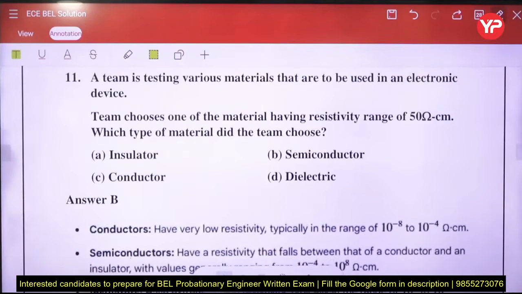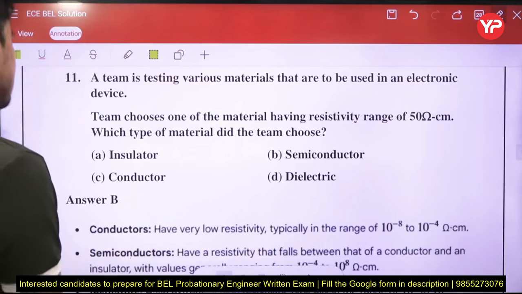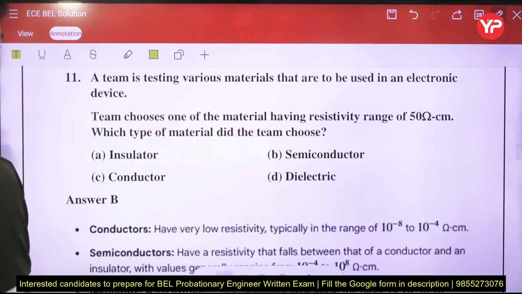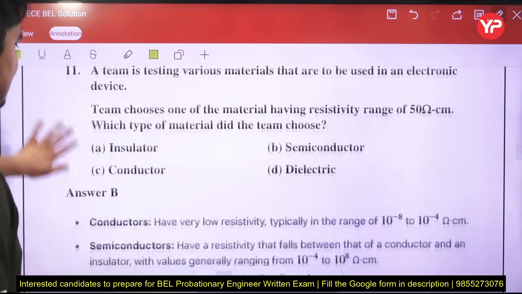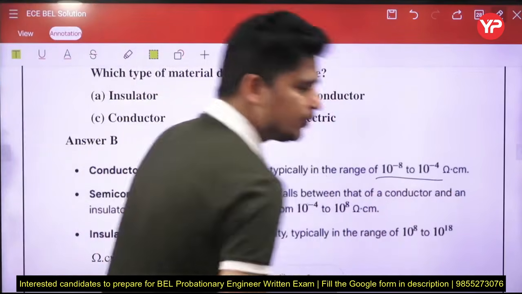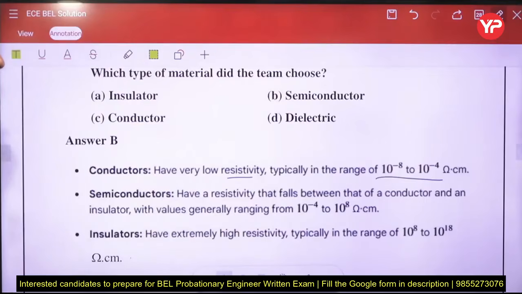A team is testing various materials that are used in electronic devices. The team chooses one of the materials having a resistivity of 50 ohm centimeter. Which type of material is it? This material is generally a semiconductor. You can see the ranges here. Conductors have very low resistivity, 10 raised to power minus 8 to 10 raised to power minus 4 ohm centimeter.